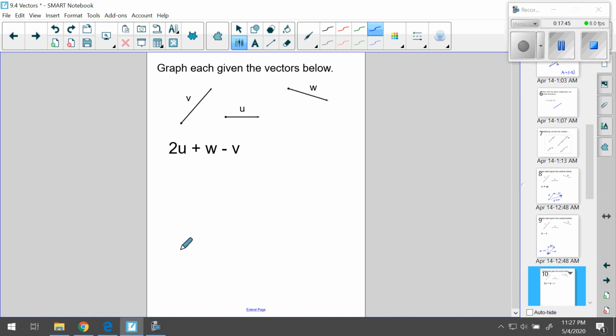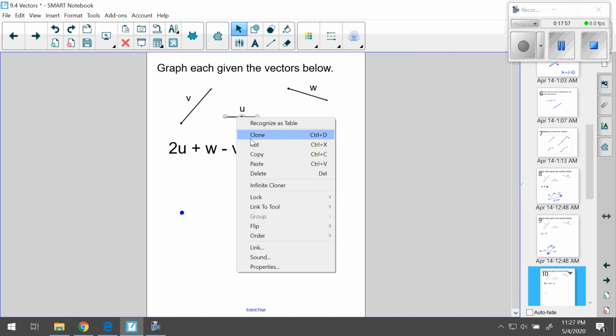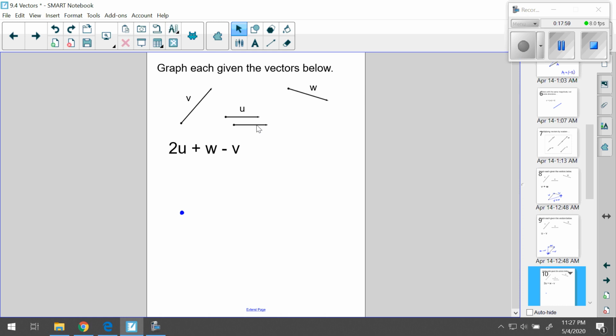So I'm going to try to give myself plenty of space here. So I'm going to start with any starting point, so 2 u's. So let's start with 1 u from our starting point. And there we are. And so then wherever that lands, you're just going to go that same direction another u.